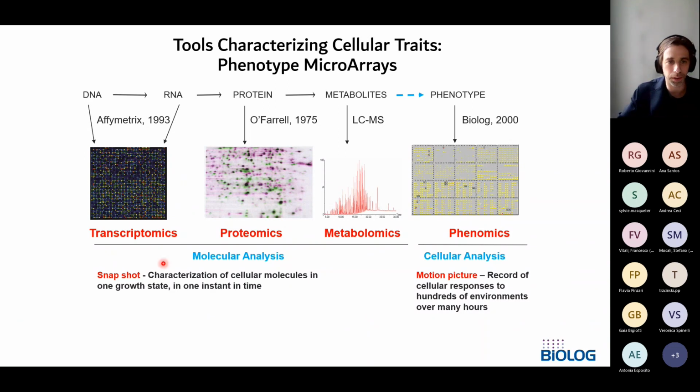While the other technologies, like transcriptomics, proteomics, or metabolomics, are really good ones, they are molecular analyses, and you have to essentially kill the cells to extract the protein, to extract the RNA, to extract the metabolites. And so you do some sort of snapshot, and you can repeat these snapshots over time after treatment, whatever, but still you have to kill the cells.